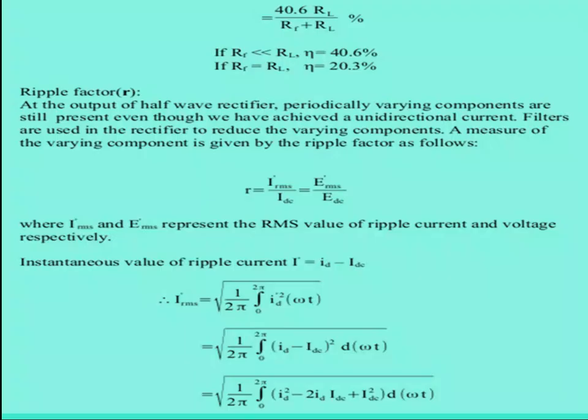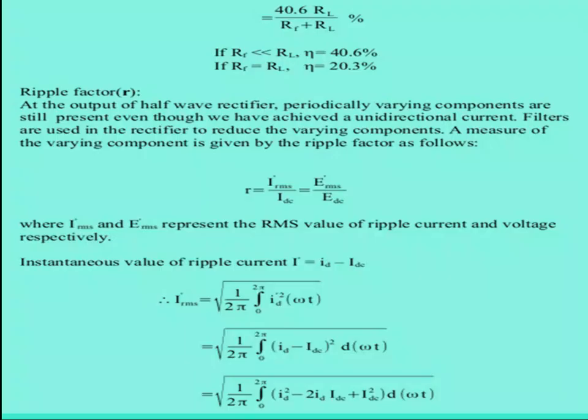Next, the ripple factor. The ripple factor is used for any component that achieves unidirectional current, and for filters we have to find out the value of the ripple factor. We calculate the residual noise present in the output, and that's why we use the ratio I prime RMS divided by IDC.